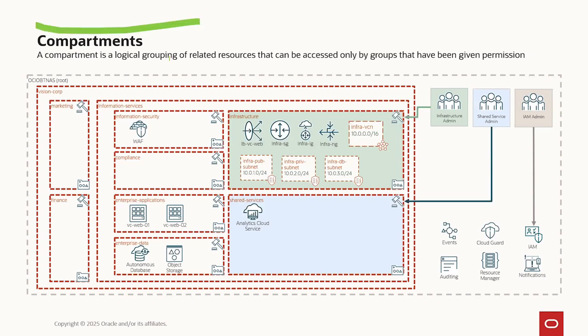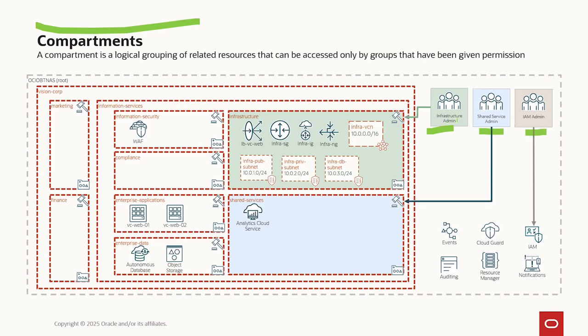A compartment is a logical grouping of related resources that can be accessed only by groups that have been given their respective permissions. So adding on to the structure, we can see here we have our infrastructure admins, our shared service admin, and our IAM admins. Each of them would need access to their respective compartment in order to be able to use or even see the resources in there.